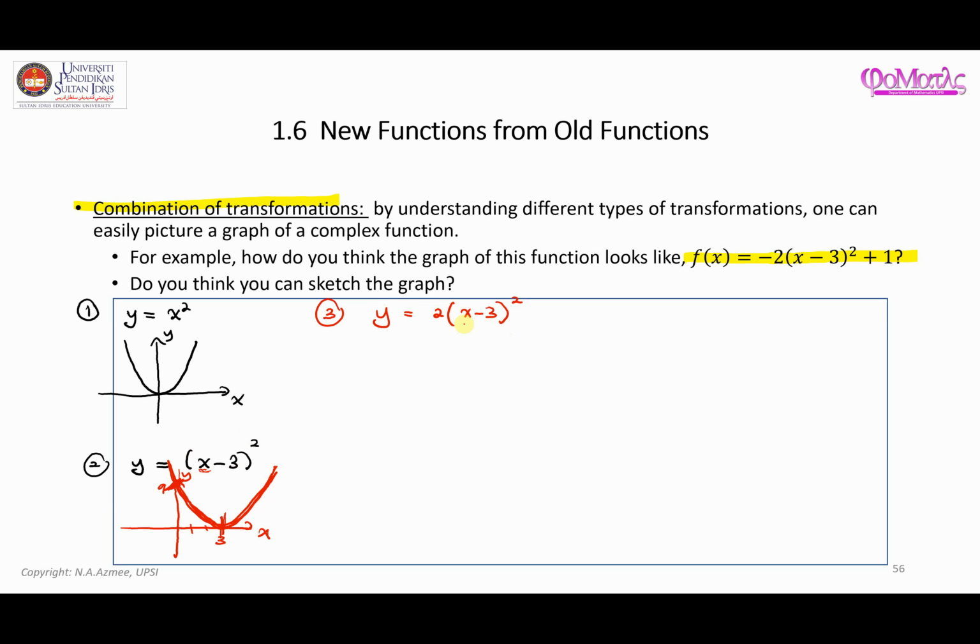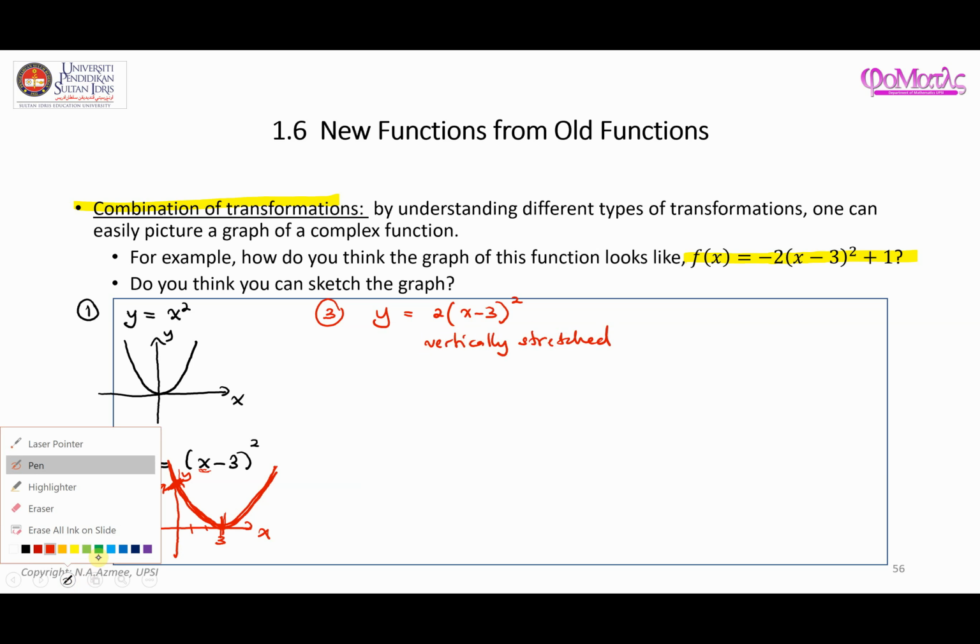So I know that this is going to be a vertical change. So in this case, the graph is going to be vertically stretched with factor 2. So how does the graph look like?